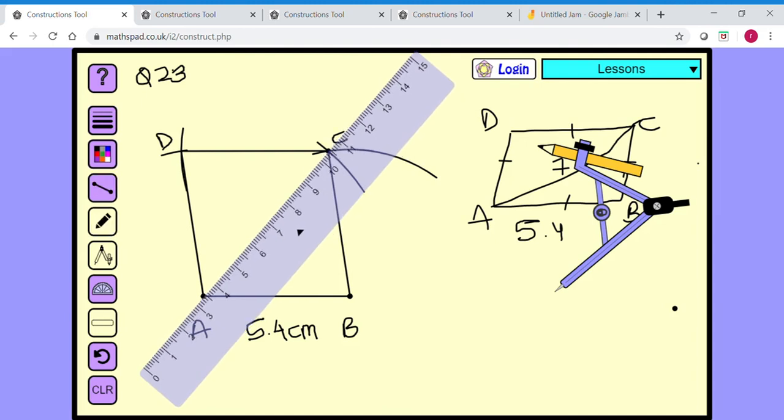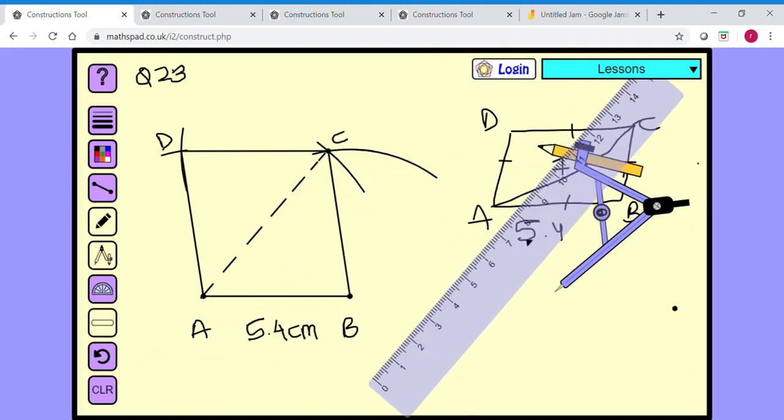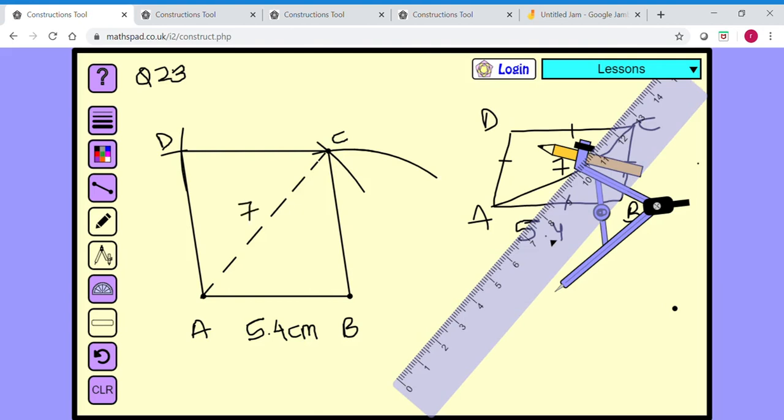Done. So now let me just draw the dotted line. Done. And this is 7, this is 5.4, this is 5.4, this is 5.4. Let's move on to the next construction.